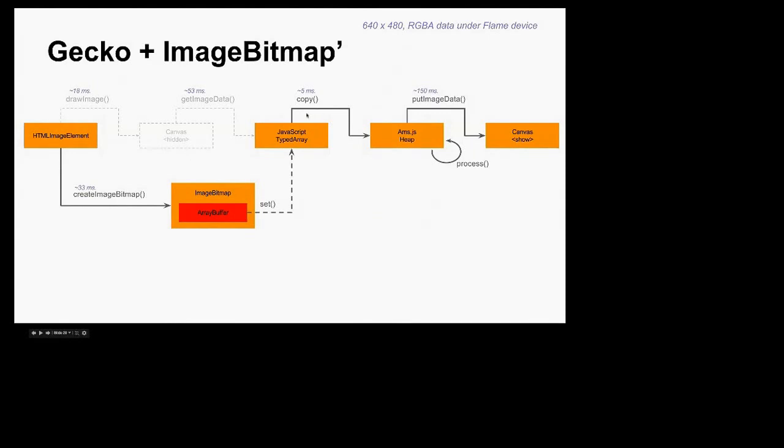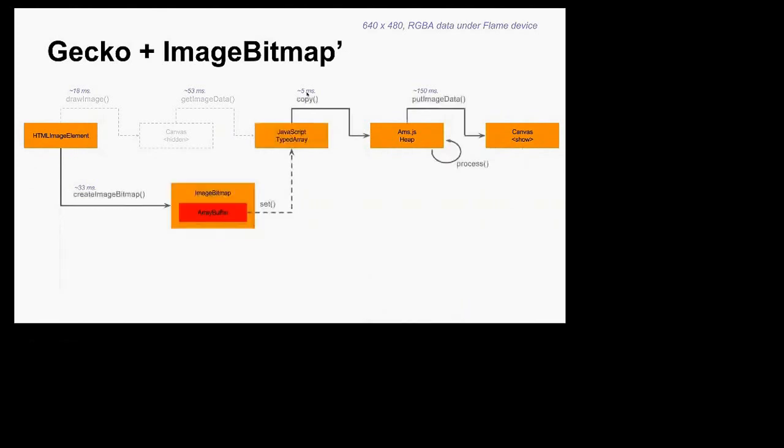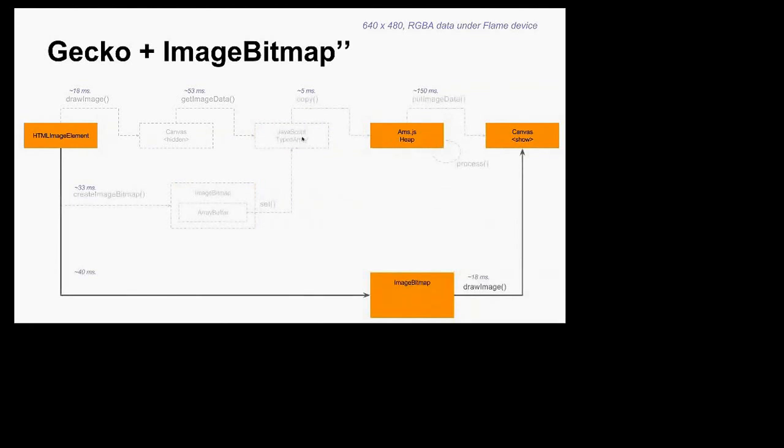And next, we want to avoid this copy operation. So the real question is, can we make the ASM.js runtime know external memories? But according to the spec now and to our limited knowledge, the answer is no. So what can we do? We can turn a corner. If ASM.js does not know external memories, we could know where the ASM.js runtime heap is.